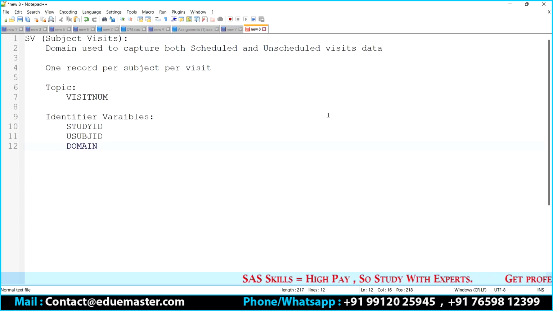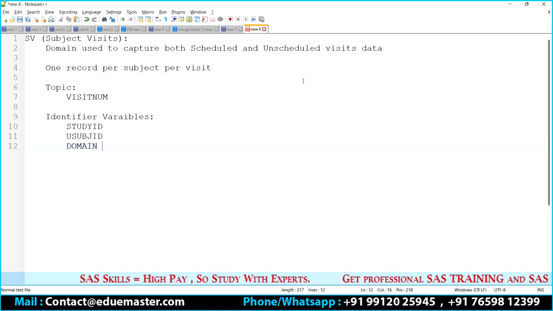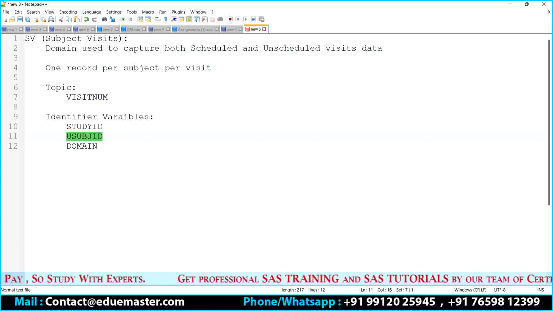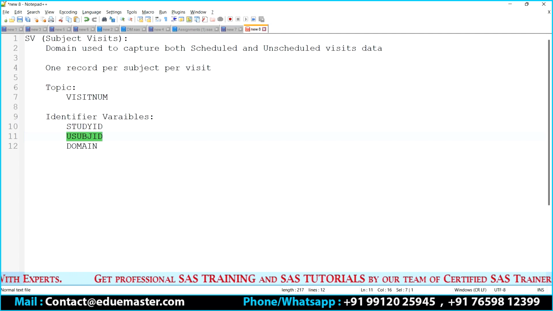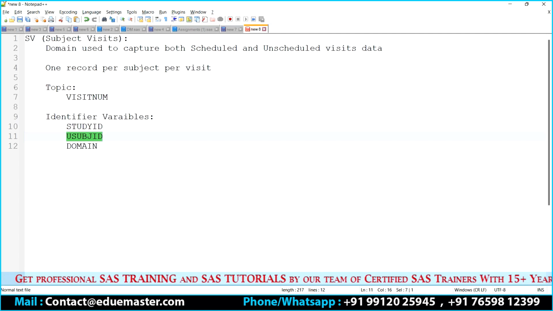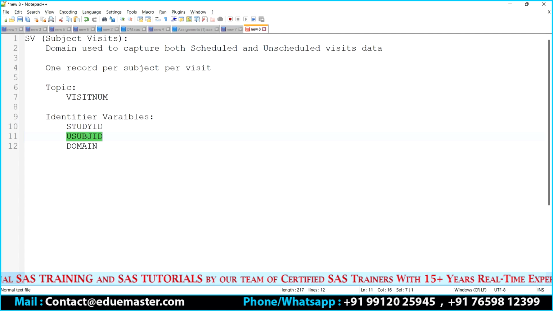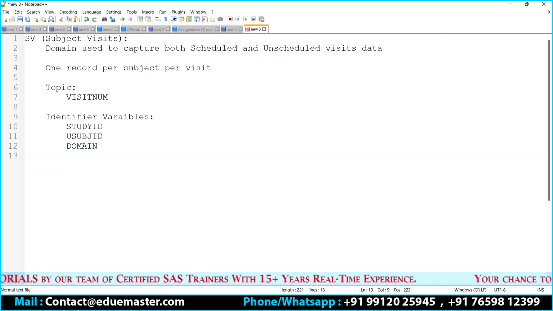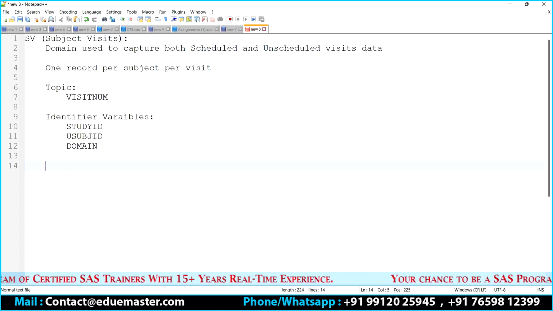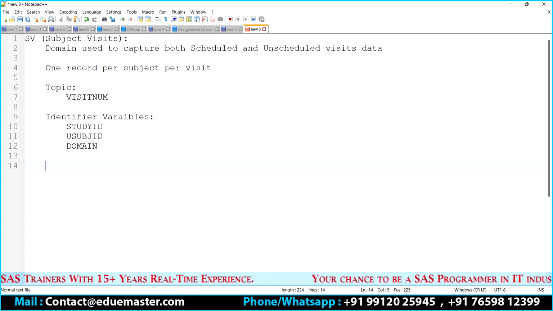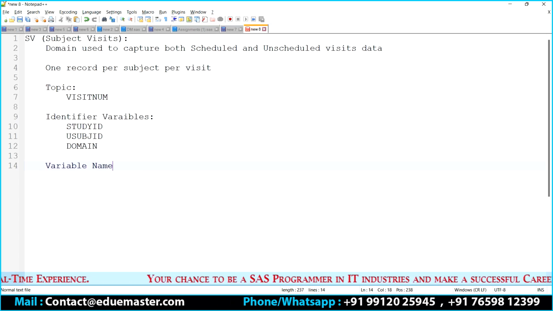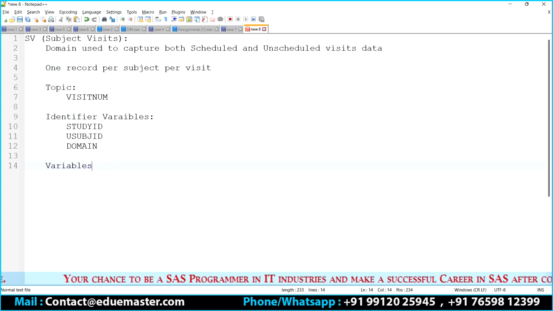Am I correct? These three things are going to be considered as the identifiers. Your unique subject ID already has some part of your subject ID also. Similarly, even for your SV domain, these three are going to be your identifier variables. Apart from that, just like our previous domain, we are going to discuss each variable name in detail.